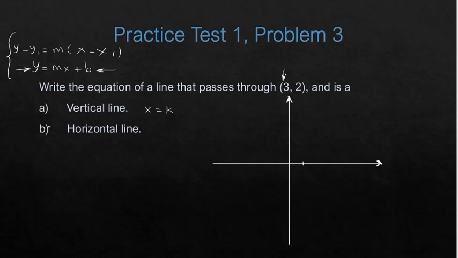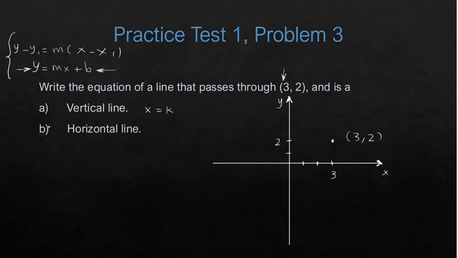So if I locate the point (3, 2), on the x-axis I move 3 units to the right, and on the y-axis I move 2 units up. As you can see, the line is vertical and passing through this given point (3, 2).